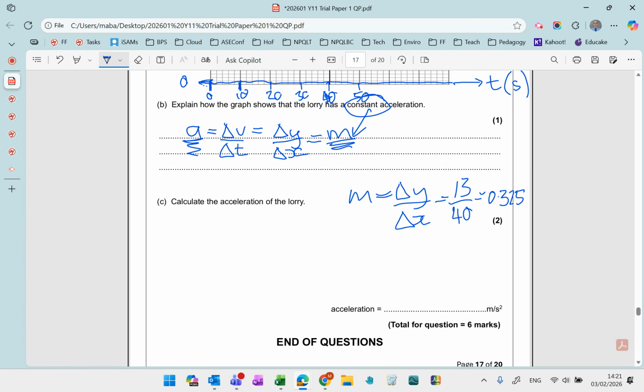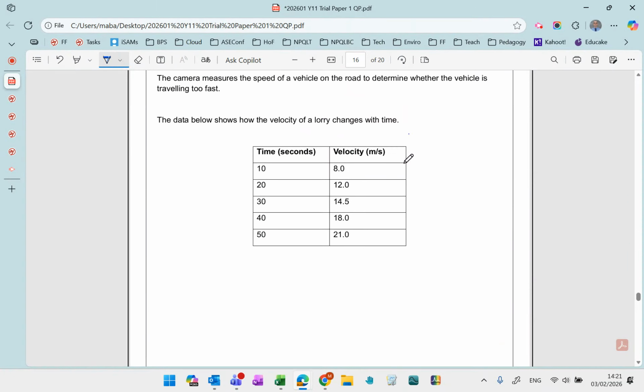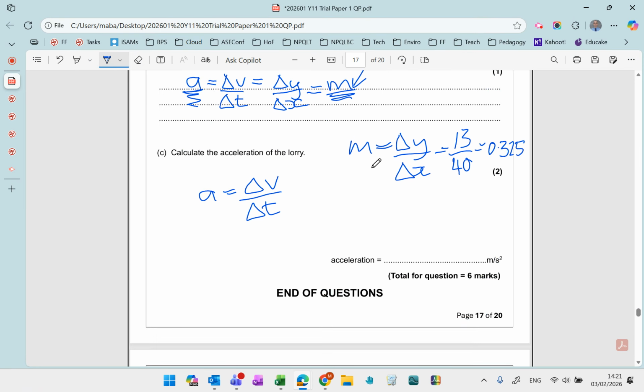Or you can do acceleration is the change in velocity over the change in time, and it's exactly the same substitution. From the data table you can see that the velocity has increased by 13 when the time increased by 40. That's it. End of the questions, end of the paper.